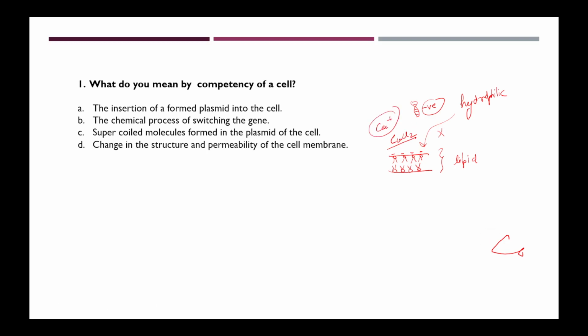These positively charged ions help the DNA to come closer in proximity to the membrane, because suppose this is the membrane, this is the negative charge, and you provide the positive charge from the calcium ion. So you have the cell incubated with calcium chloride, so it is surrounded by this positive charge, and now the negative DNA can come closer to this cell membrane. So it comes in closer proximity.